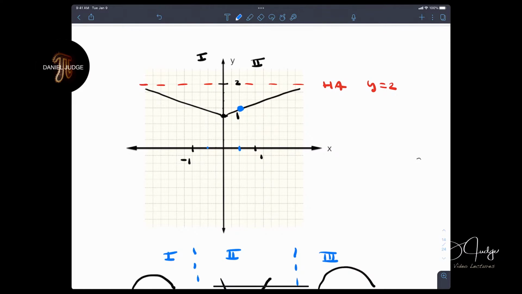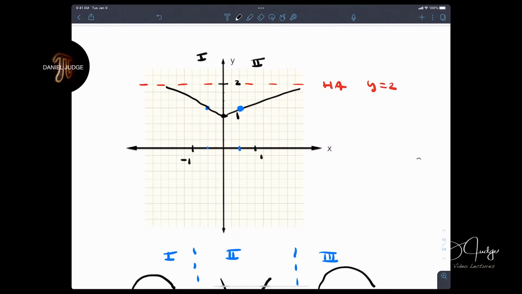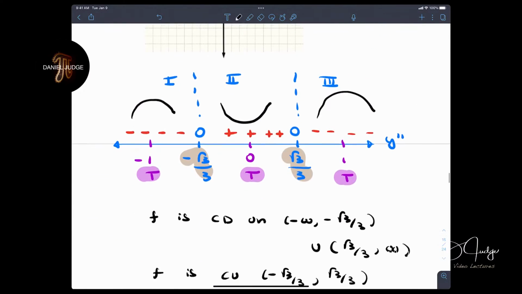Meaning it's right up here, but then that means this line. Anyway, something like this. But let's make use of this concavity now.